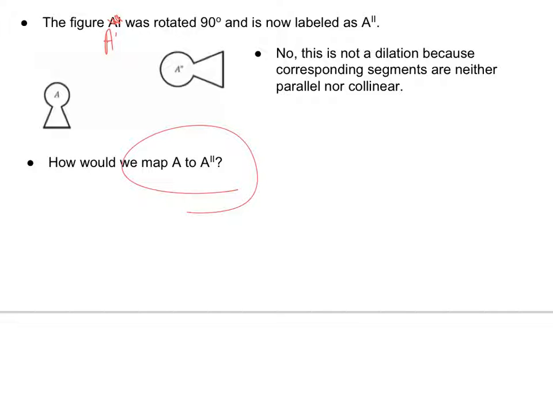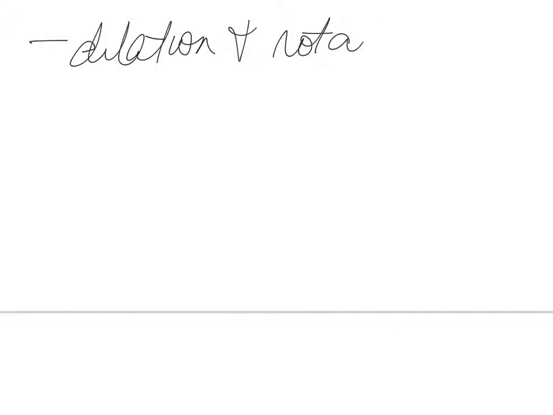So how would we map A to A prime? All right, let's look at it. We would need a series of steps. Dilation and rotation. Or we could do rotation and then dilation.